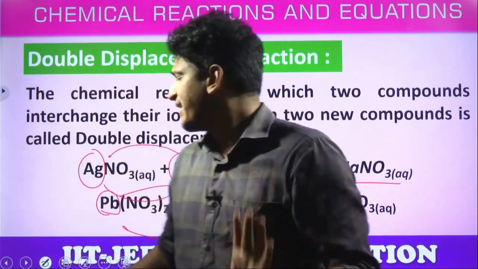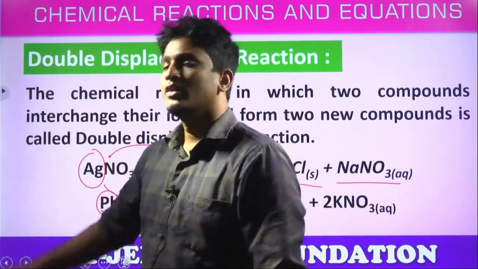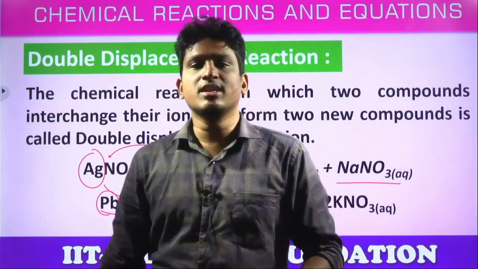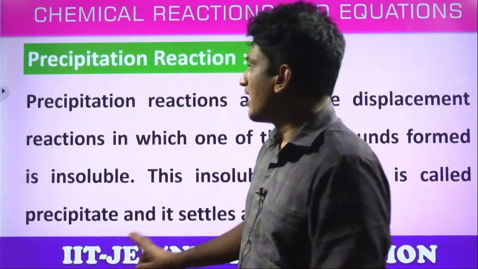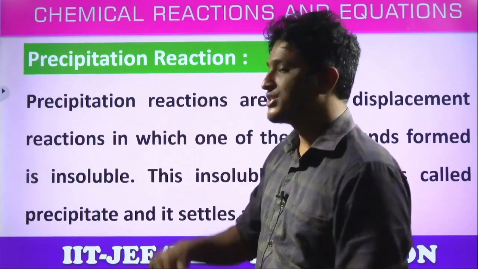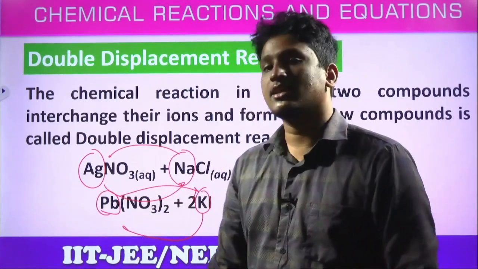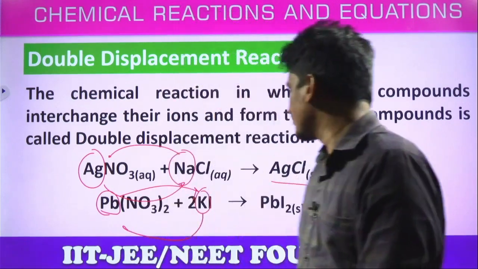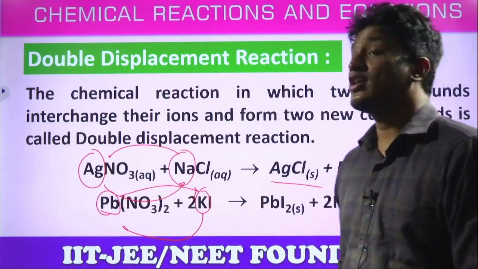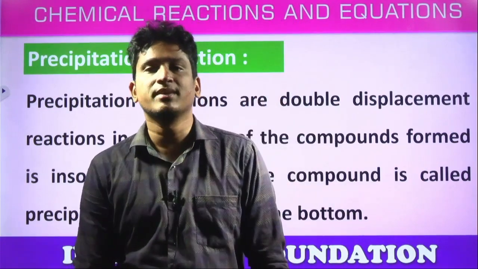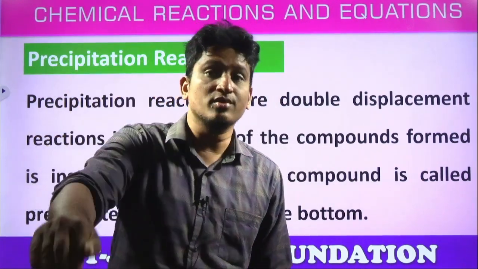Got the clarity? These are the main 4 types of reactions, students. Combination, decomposition, displacement as well as double displacement reactions. Precipitation reactions are also double displacement only. These two also come under precipitation reactions. Why? Because they are insoluble solids. What is a precipitate? We discussed in the previous video. Precipitate means an insoluble solid is produced as a product.